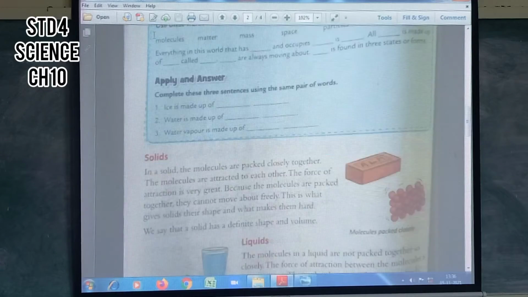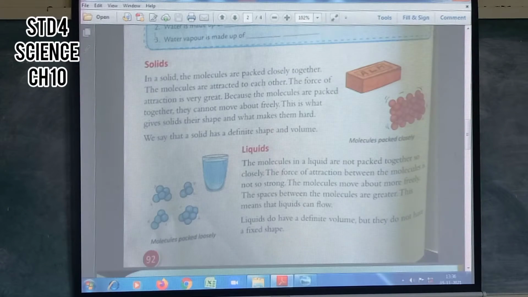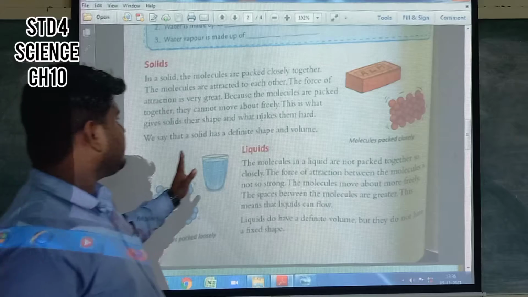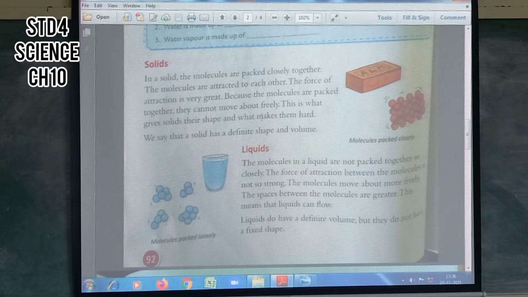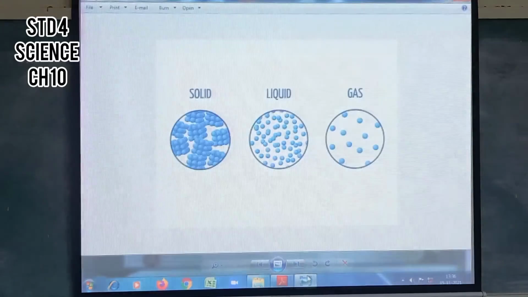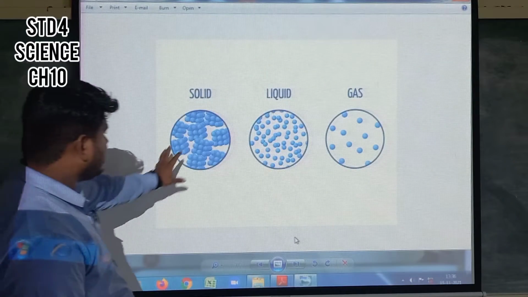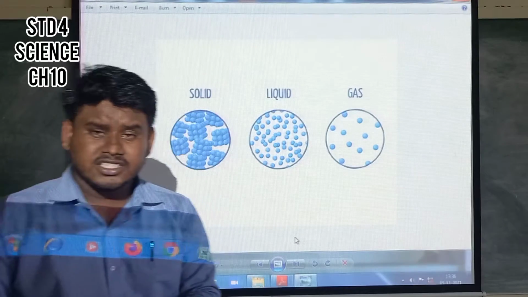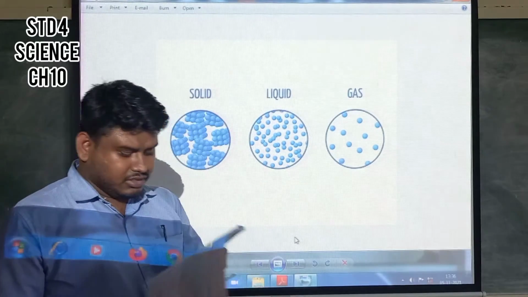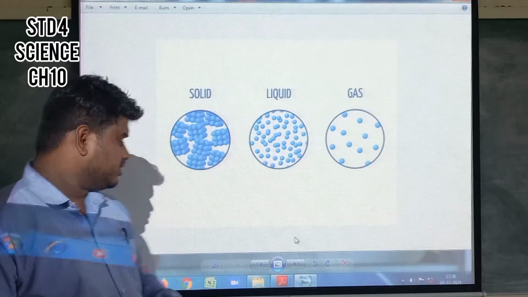Talking about solids, liquids, and gases: in a solid, the molecules are packed closely together. Let me show you a picture. This is solid, this is liquid, this is gas. So what happens in a solid? The molecules are packed closely together, as you can see.